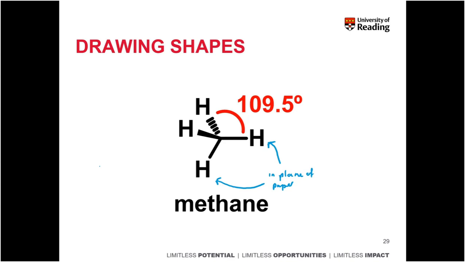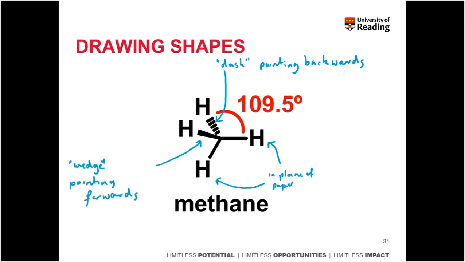These 2 bonds here are shown as straight lines, and this shows that they're in the plane of the paper. This bond here has been shown dashed, and that tells me that it's pointing backwards, whereas this bond here is shown as a wedge, and it's pointing forward.